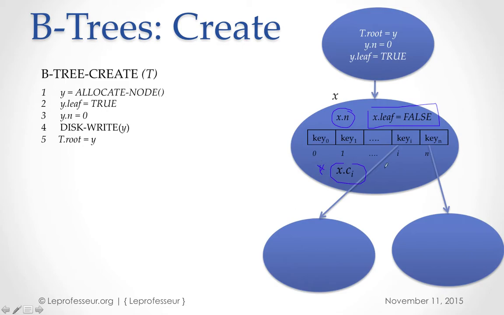Remember, the key acts as the separating agent. For the left subchild of key i, all the keys in this subtree will be less than key i, and in the right subchild they will be more than key i.